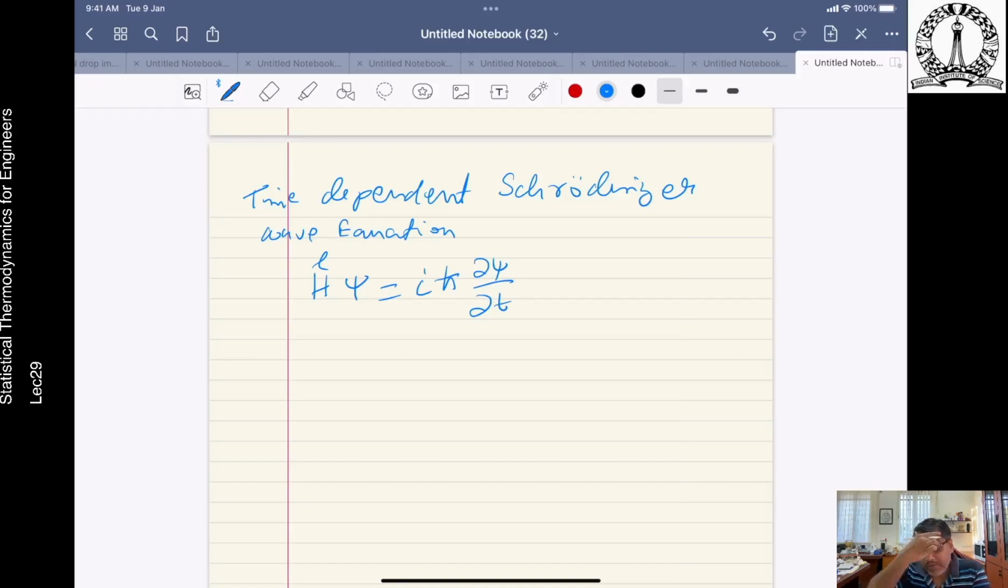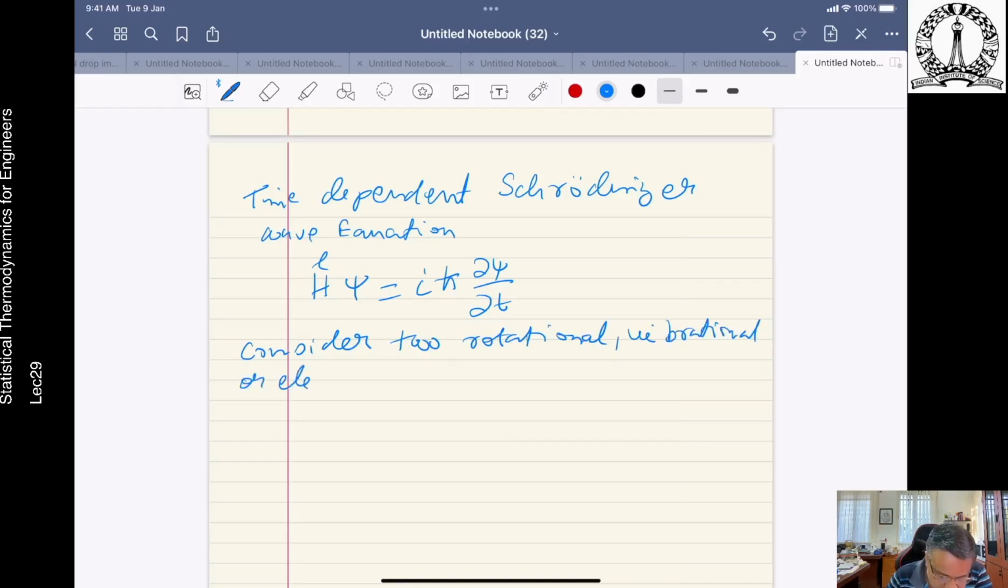Now we consider two rotational, vibrational, or electronic states.